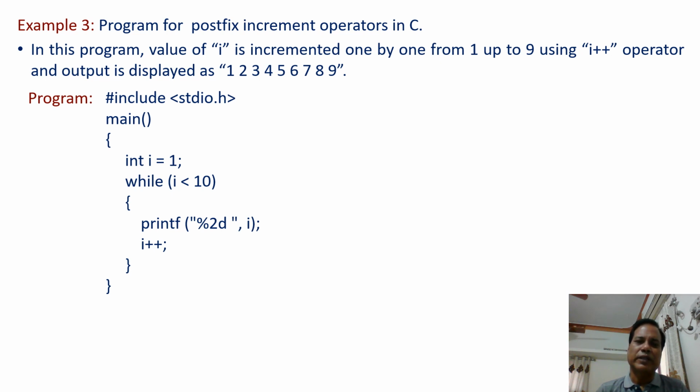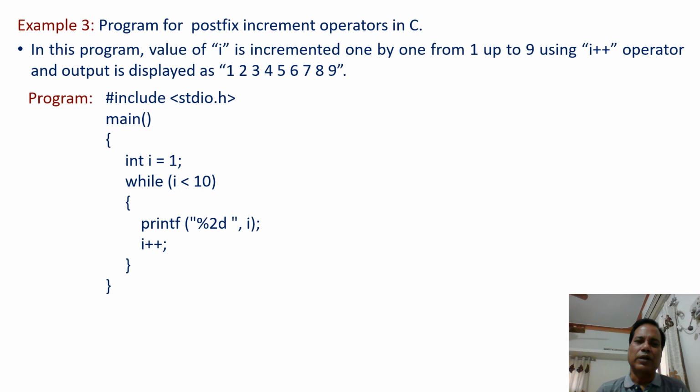After incrementing, the condition of the while expression is checked. So 2 is less than 10, the condition is true. So again the body of the while loop is executed. This time the value of i, that is 2, gets printed at this point, and after printing, the value of i is incremented again and becomes 3.